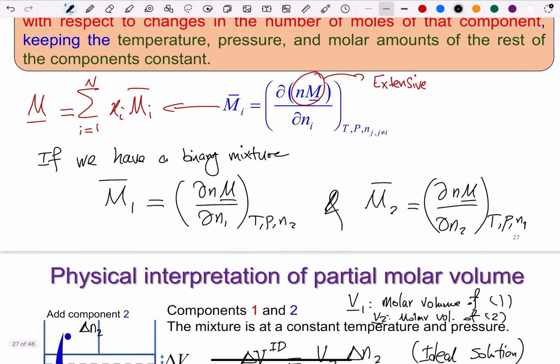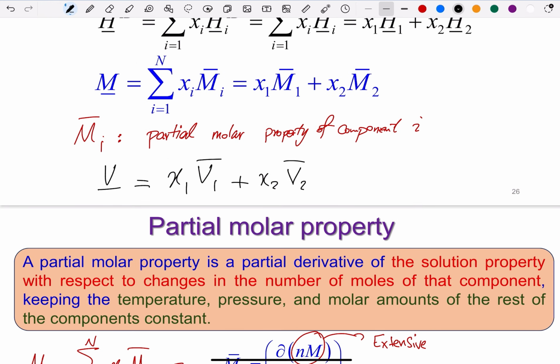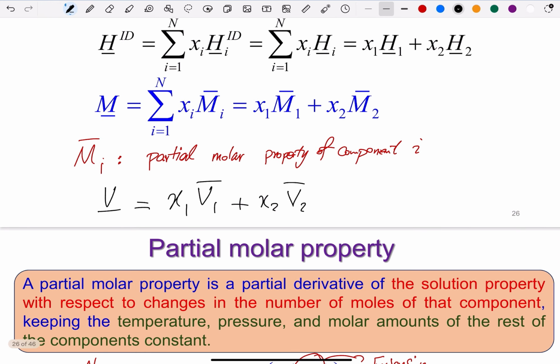We just had it here, right? For the property of a mixture, it's always going to be mole average of the partial molar properties. So x1 M1 bar plus x2 M2 bar, where M1 and M2 are partial molar properties. So for volume, it's going to be x1 V1 bar plus x2 V2 bar.